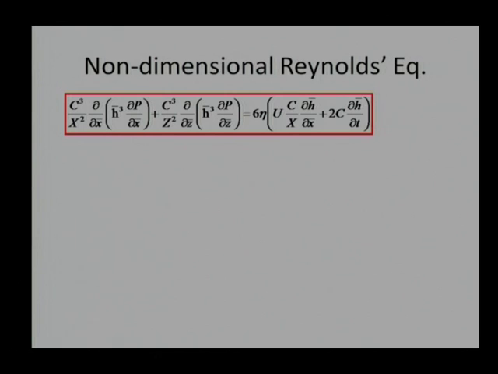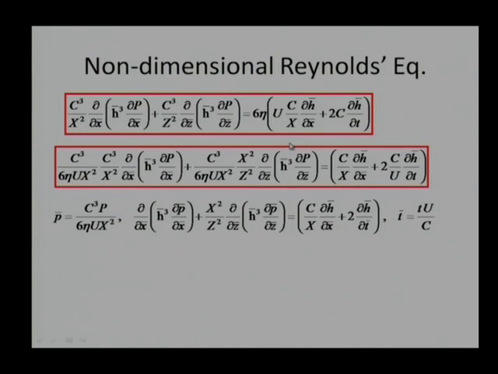One way is taking u as common, which gives 6 eta into u, while here it will be without u, and here it will be 2 c divided by u. That means u has been taken common from this bracket, and the whole 6 eta into u has been shifted to the left hand side.